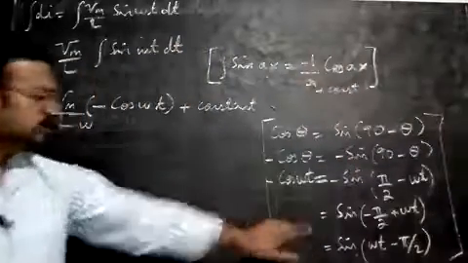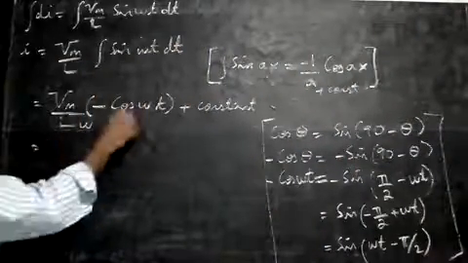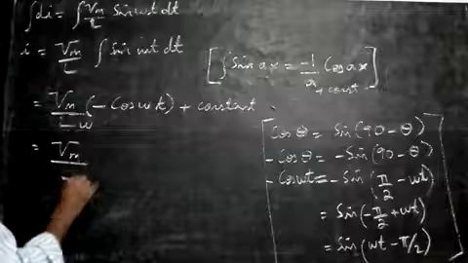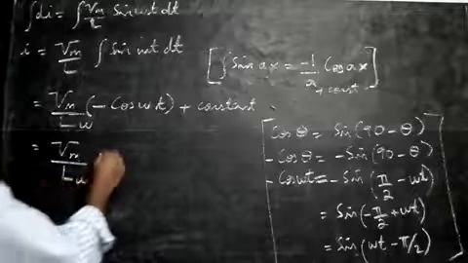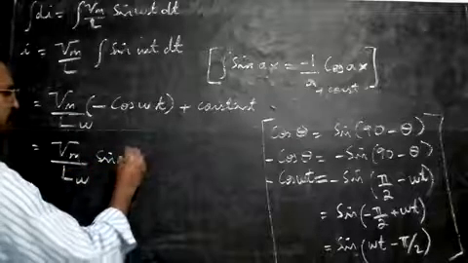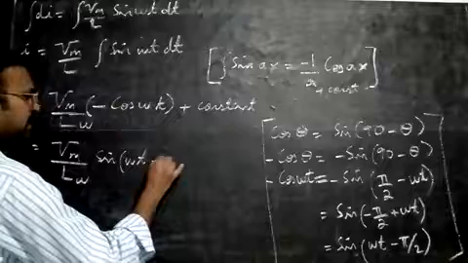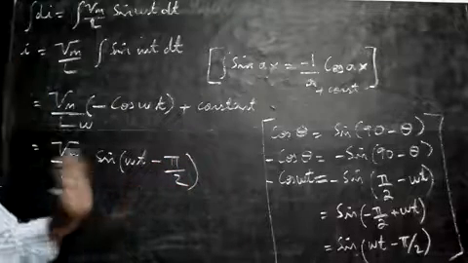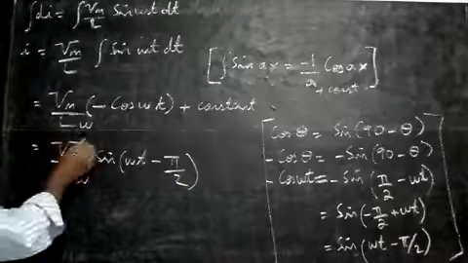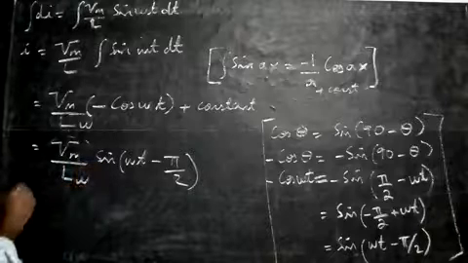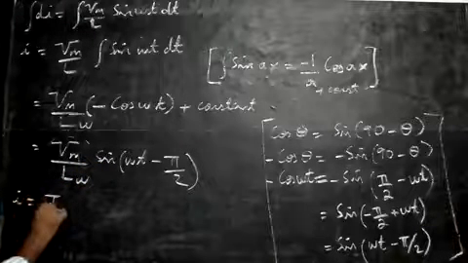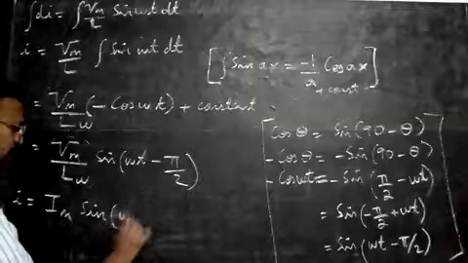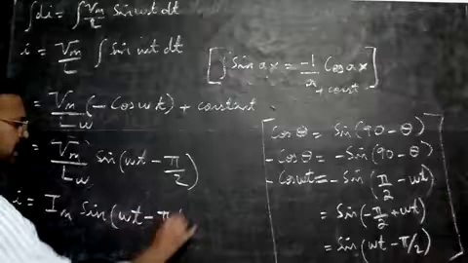Now we know how the next step comes. Let's substitute here. We get Vm by L omega times sine of omega t minus pi by 2.